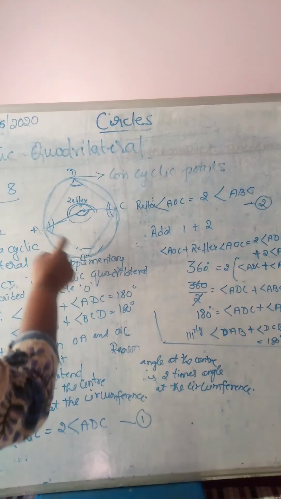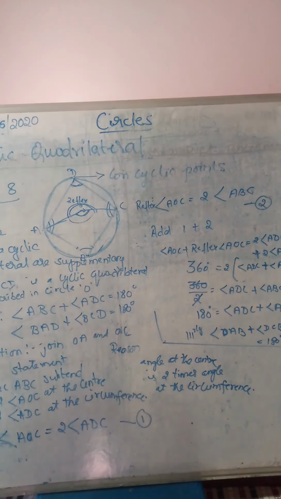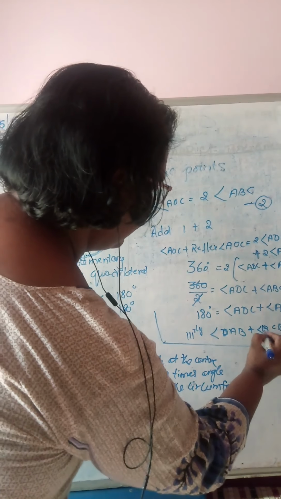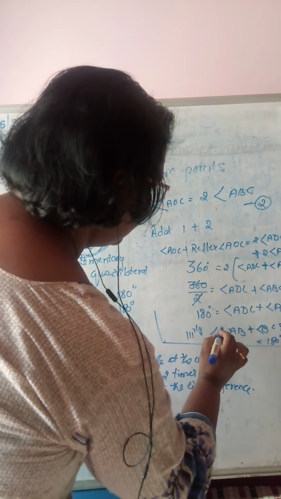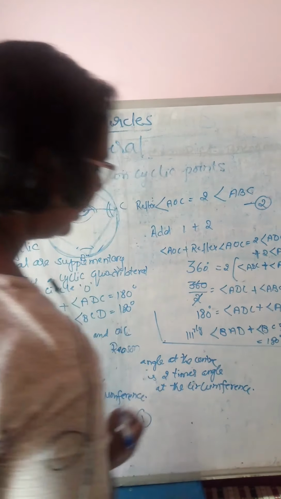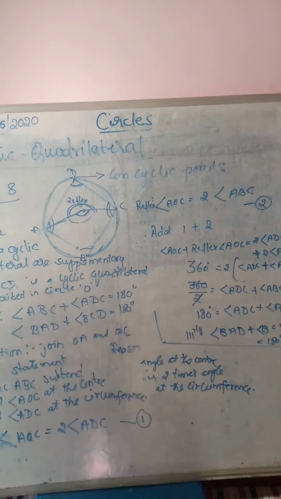Similarly, DAB plus BCD is also 180. I'll write it how I have written it. So thus we have proved this theorem.